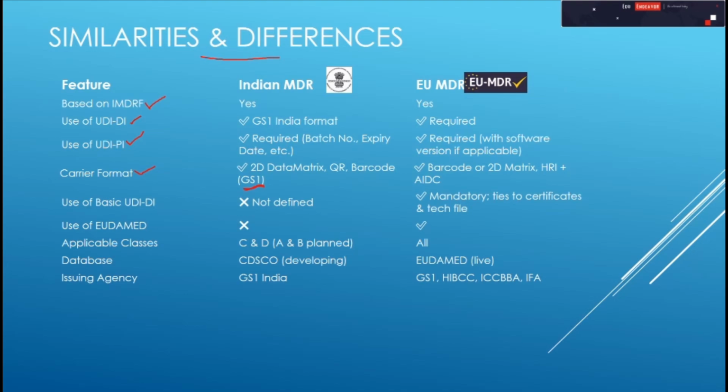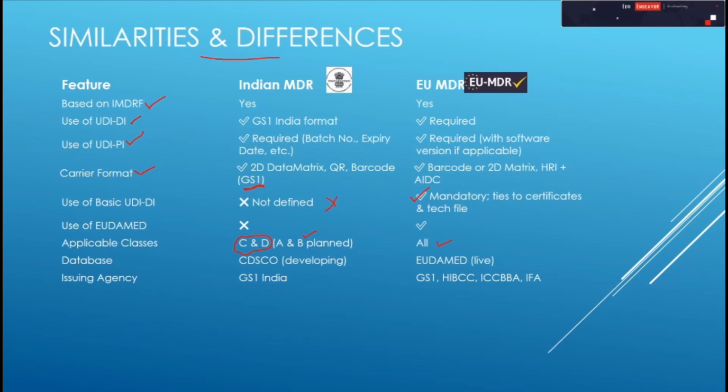Now let's talk about differences. Differences are in the case of device classes. EU MDR follows all classes, from class I to III. But in the case of Indian MDR, it is mandatory only for class C and D, and for A and B it is yet to be followed. Basic UDI-DI is mandatory in the case of EU MDR, but in the case of Indian MDR it is not required.